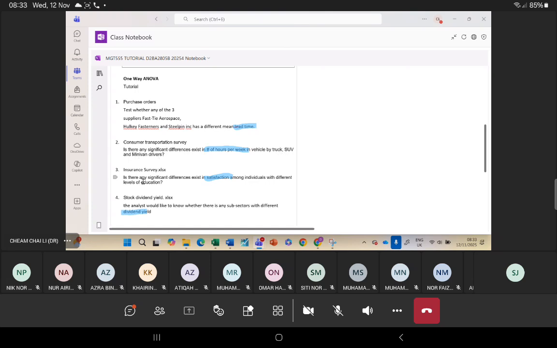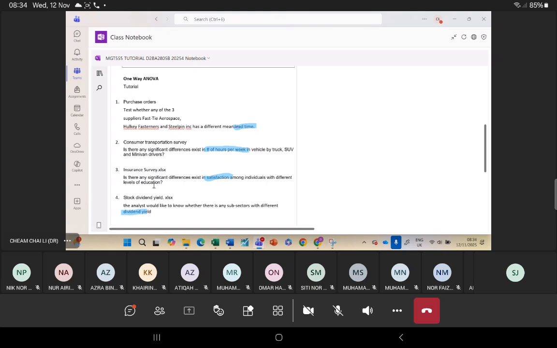And then you have this truck, SUV, minivan, yang ni pun adalah group atau dia punya elemen. And then for the education level, you have secondary school level, university, college, so you have to look at the insurance survey, right? Dia punya education level ada 3. So these 3 are the element atau the group, to compare with.